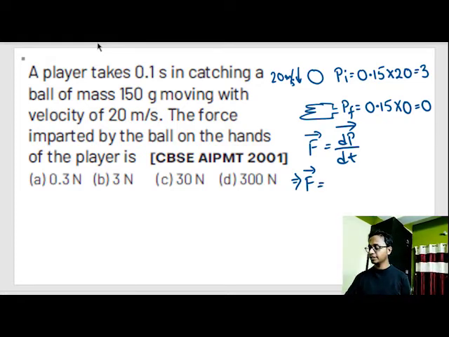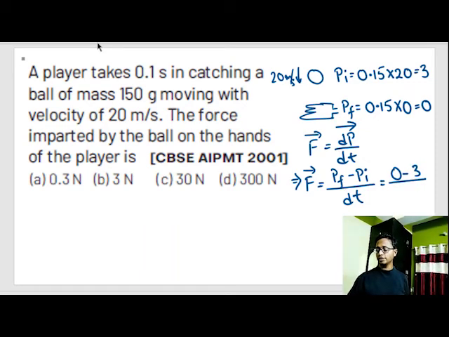dp is nothing but change of momentum, or P final minus P initial, by dt, or time taken to catch the ball. P final is 0, minus P initial is 3. Out here don't worry about the sign. See, all the options are given in positive. That means they are just asking us the magnitude of the force. dt is given as 0.1 seconds.